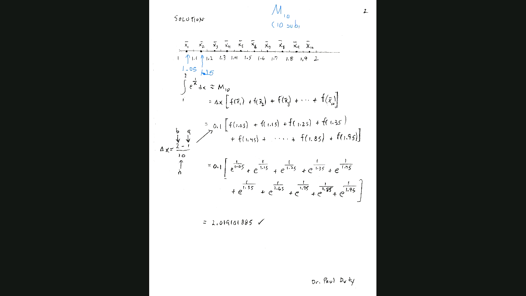And since your integral, the definite integral, goes from 1 to 2, I find it easiest, since I'm going to need to use all these midpoints, to get them this way.